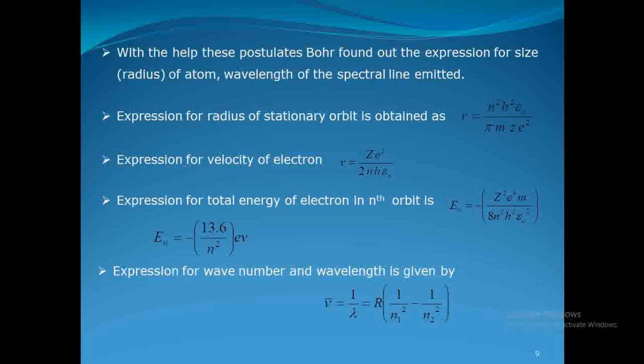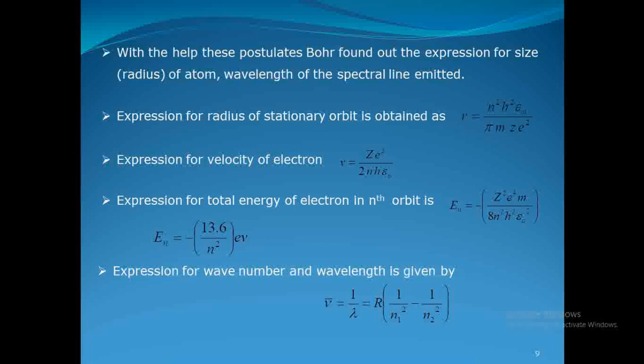Therefore ν̄ = 1/λ = R (1/n1² − 1/n2²). If an electron makes a transition from a higher energy state n2 to a lower energy state n1, then this equation gives the wavelength of the emitted spectral line. R is known as the Rydberg constant.